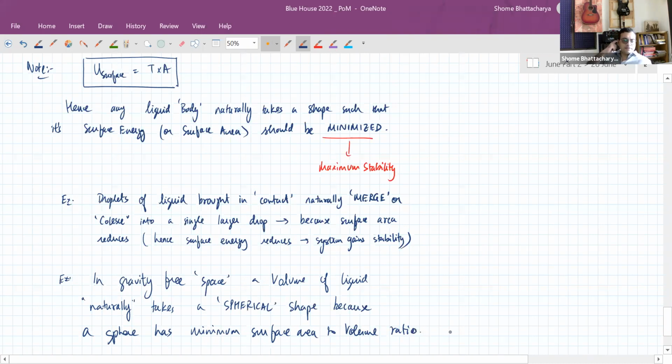So given a volume of matter, we want to arrange it into a shape such that the surface area is minimum. Then it should be arranged into a spherical shape. It might appear surprising how this happens, but in a zero gravity environment, a volume of liquid naturally takes a perfectly spherical shape.